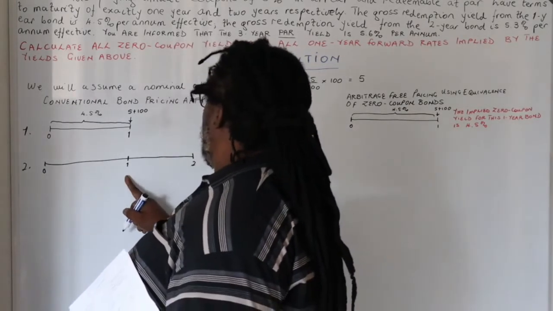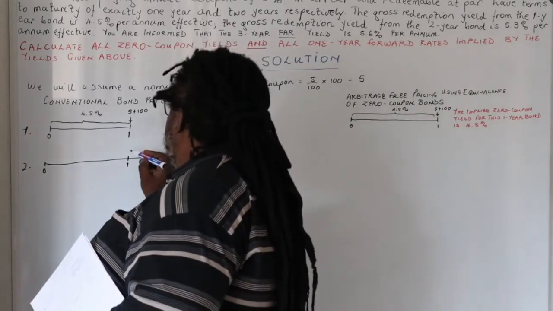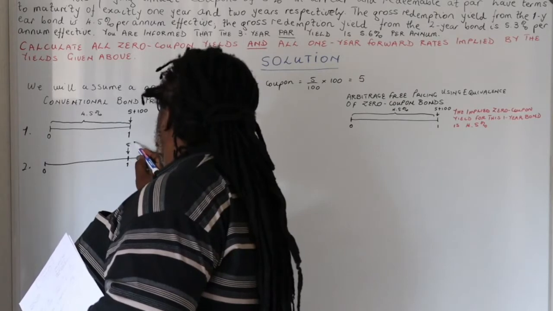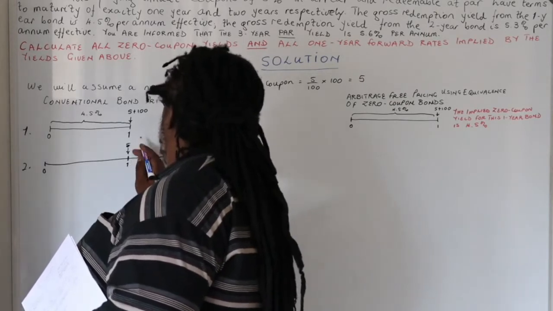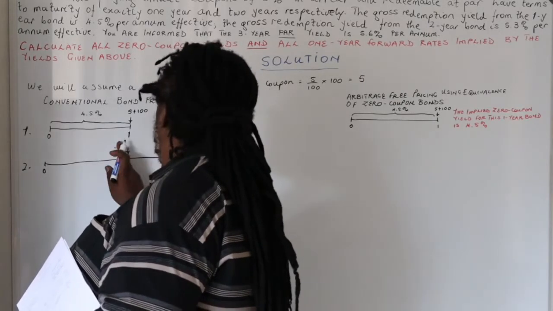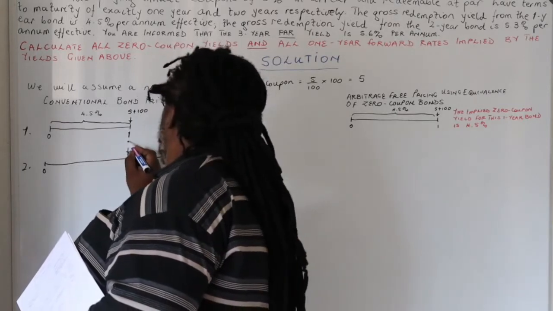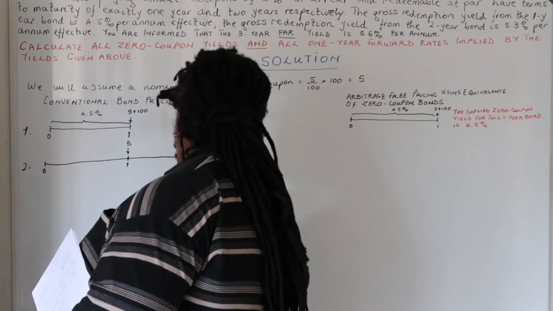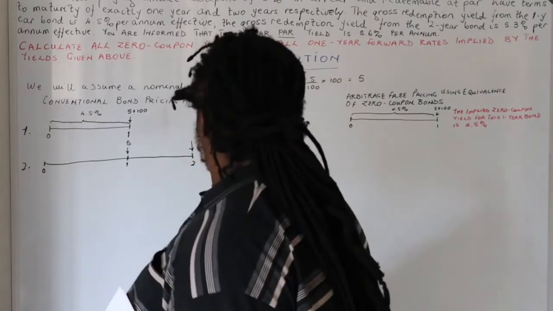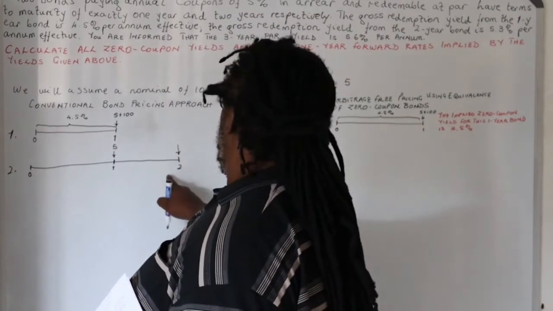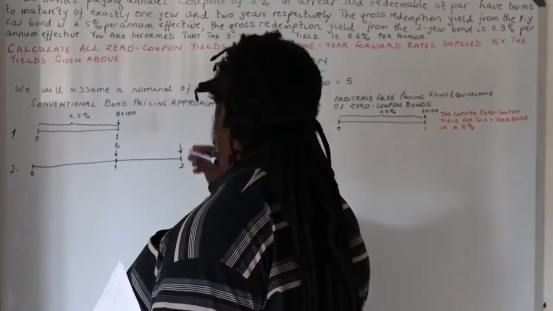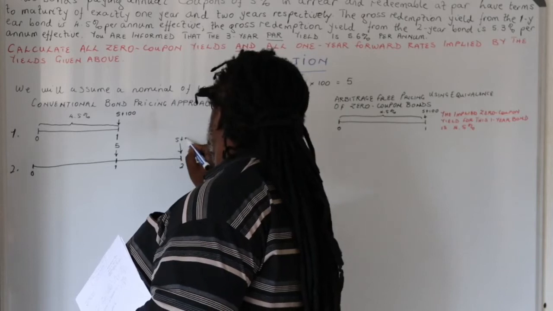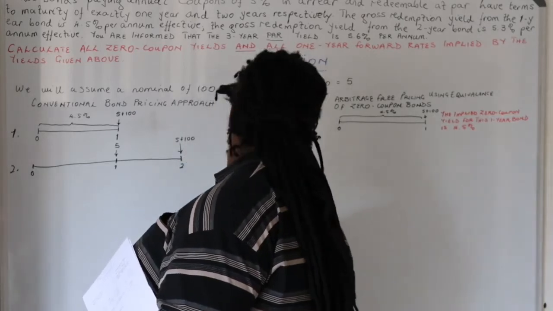So in period 1, you are just paid the coupon of 5, and at the end of period 2, which is the maturity period for that bond, you are given your 5 plus 100.